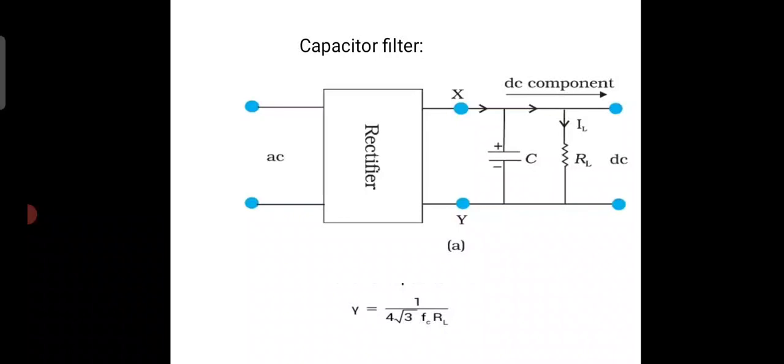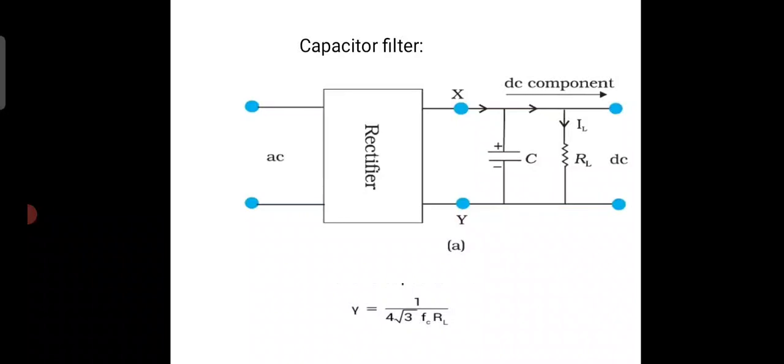The output of a rectifier consists of a pulsating AC signal and a DC signal. This capacitor filter is one of the simpler methods for smoothing the current. Here a capacitor is connected in parallel with the load resistance. As we observe, the capacitor has been connected parallel to the load resistance RL.